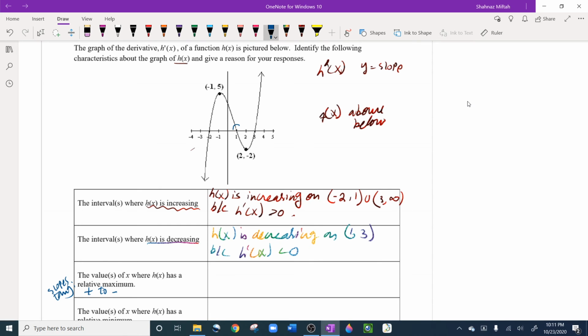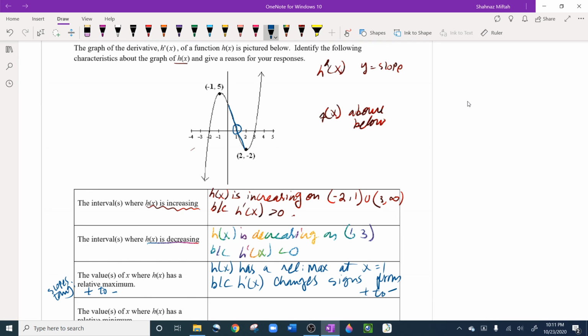This is the only point at x equal 1 where my graph is going from positive to negative. So I'm going to say hx has a relative maximum at x equal 1 because h prime x changes signs from positive to negative.